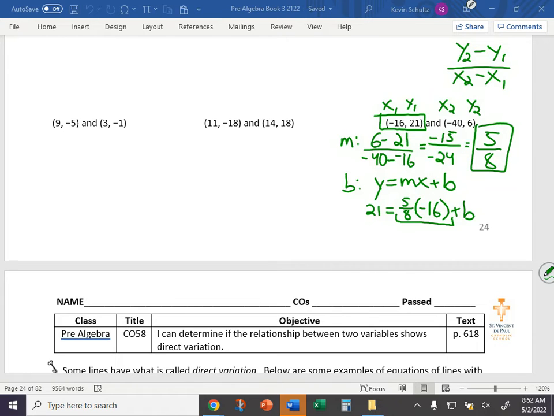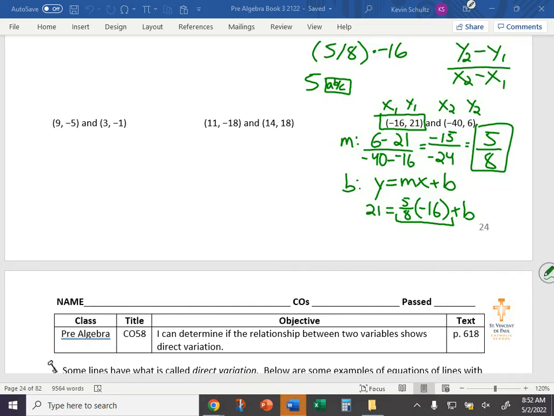So a couple options here, right? You can enter a fraction into a calculator by using that division symbol. Okay, in parentheses, 5/8 times negative 16. Or there's an ABC button that looks kind of like that. That's kind of your fraction button.